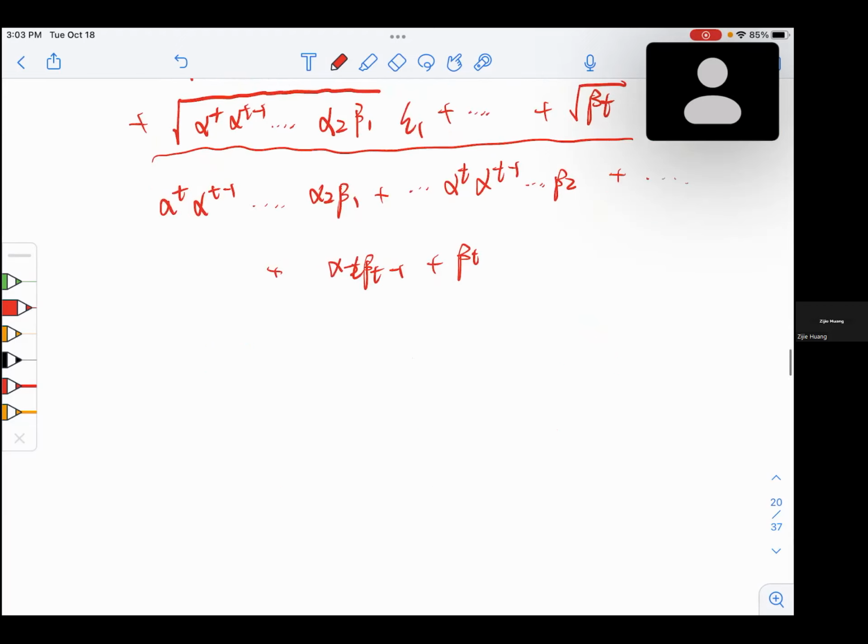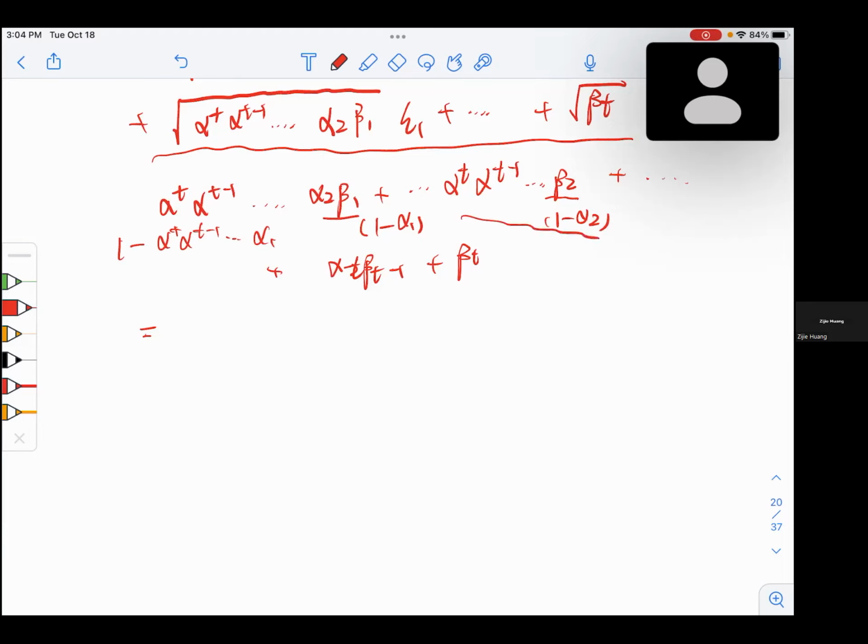In this sense, because each of these beta i can be rewritten as 1 minus alpha 1, here 1 minus alpha 2, etc. For example, for the first term, alpha t minus 1 until alpha 2 multiplied by beta 1, when we expand this, it will be alpha t minus 1 until alpha 2 minus alpha t minus 1 until alpha 1.